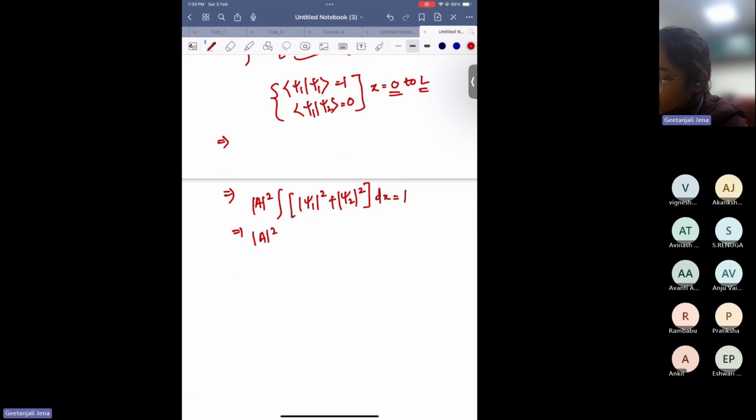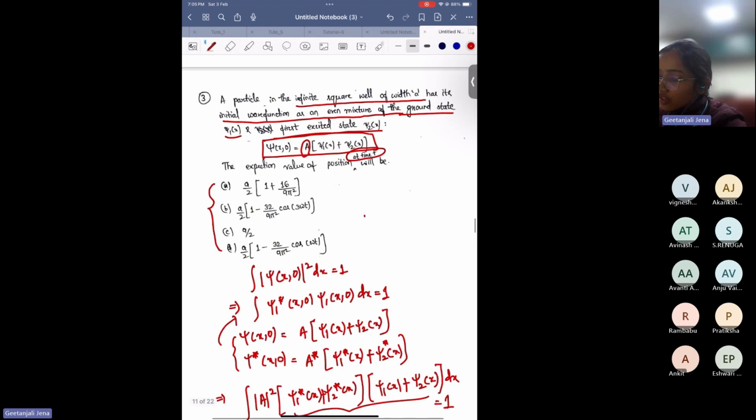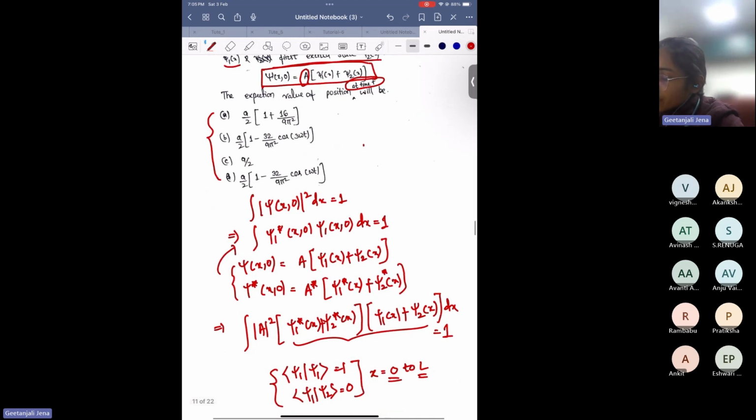So let's say the particle is confined within 0 to L, so you can take the integration as 0 to L. This is the integral from 0 to L of psi1 square dx, plus the integral from 0 to L of psi2 square dx, equal to 1. Each of these terms will be 1. So this means A squared times 2 equals 1, or A equals 1 by root 2. This problem is similar to the one solved before, like the second one, so I will speed up.